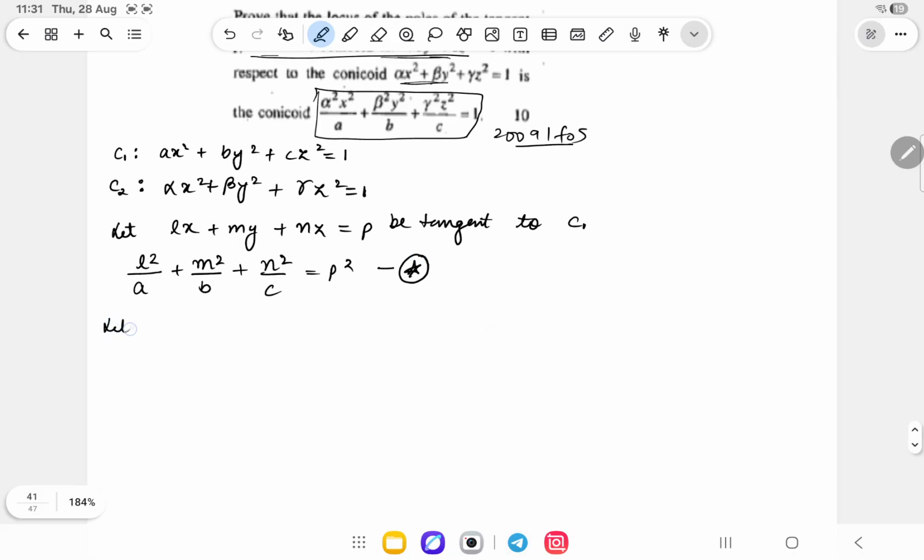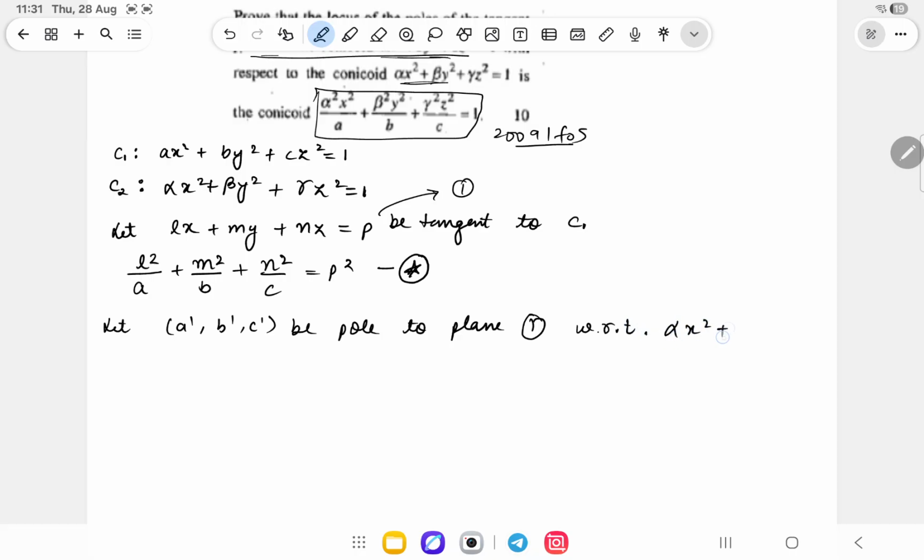Now let a dash, b dash and c dash be the pole to the plane which we have assumed. Let's name that as 1. Be the pole to plane 1, and that pole is with respect to the conicoid alpha x square plus beta y square plus gamma z square equals 1.